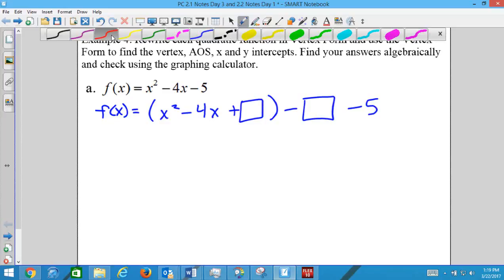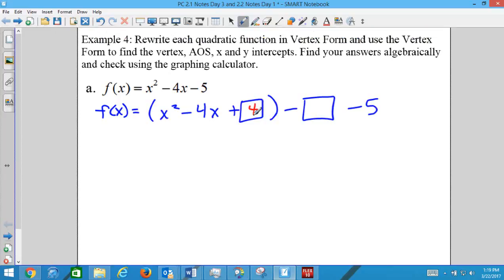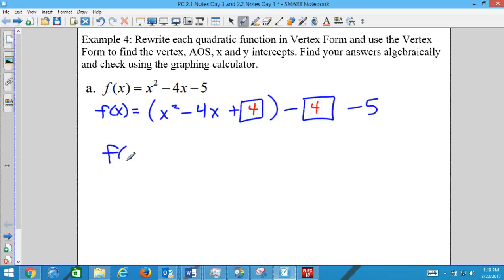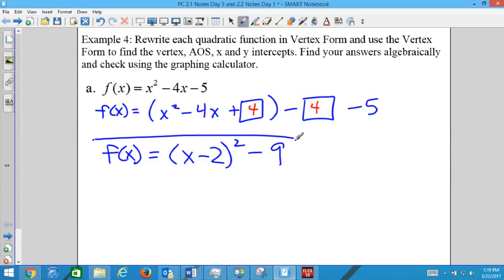So what's going to go in my square? 4. And what's going to go in this square? 4. So now we can factor it. f of x equals x minus 2 squared minus 9. This is when you marked out; we are putting it into vertex form.